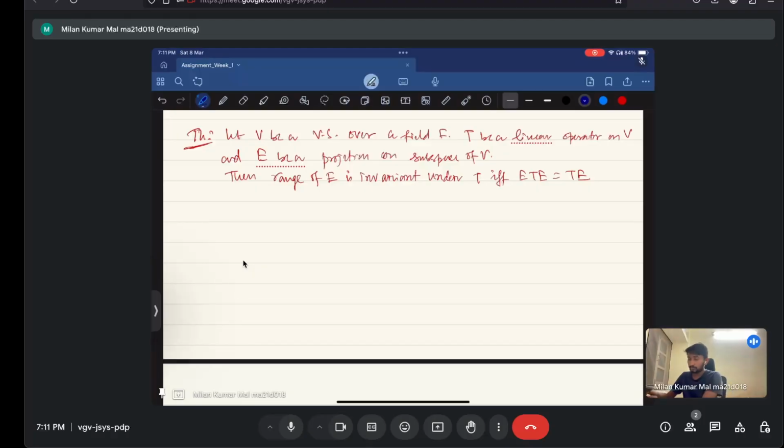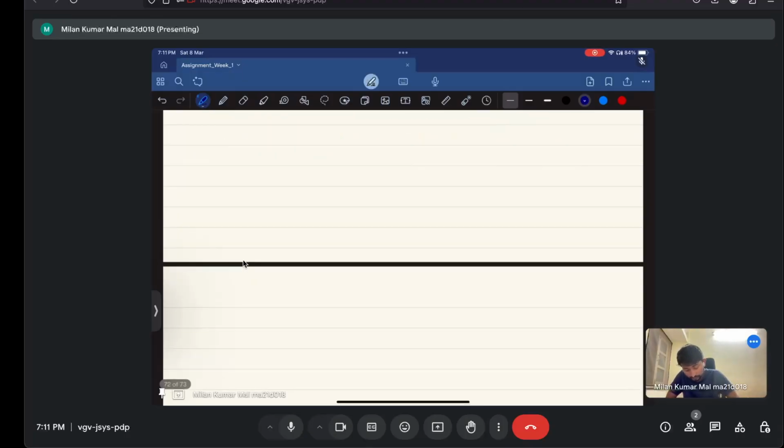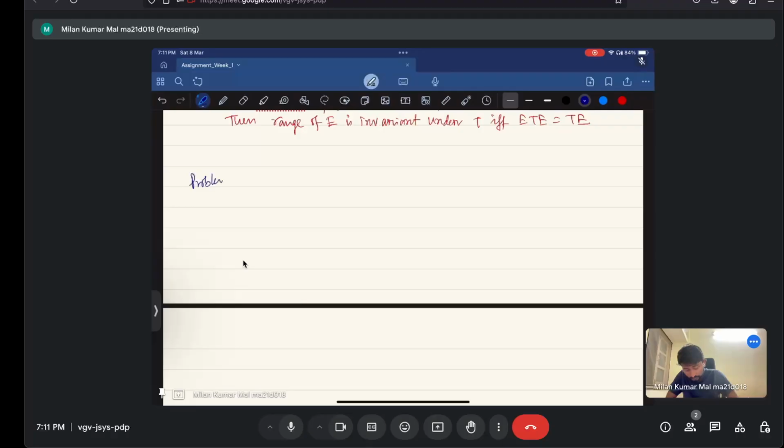Now we will prove another problem. We will discuss another problem, where it says: let V be a finite dimensional vector space over F, and dimension of V is equal to n.